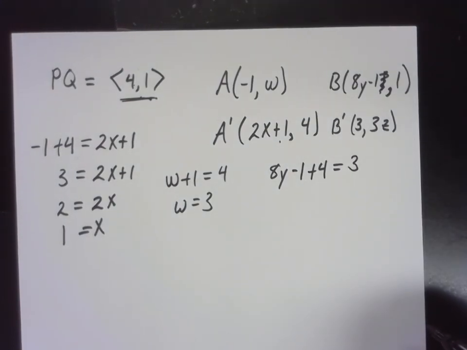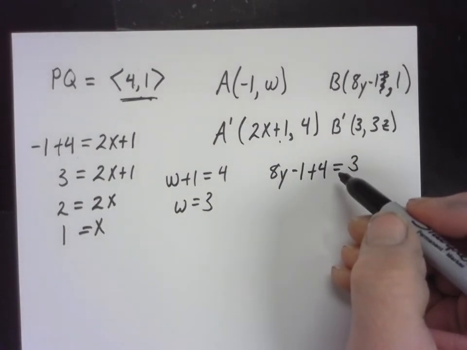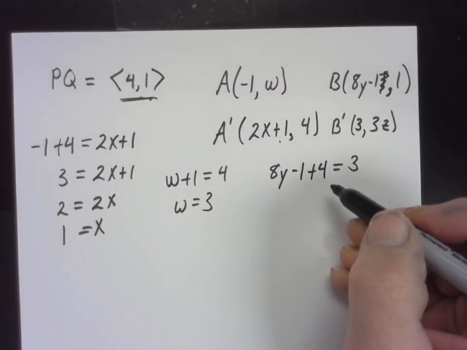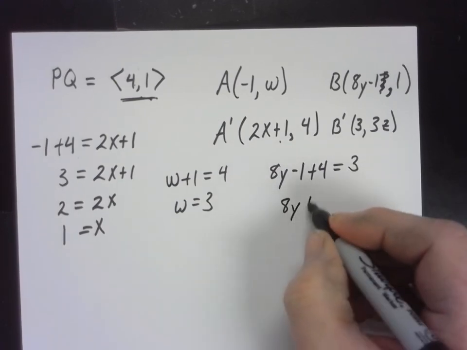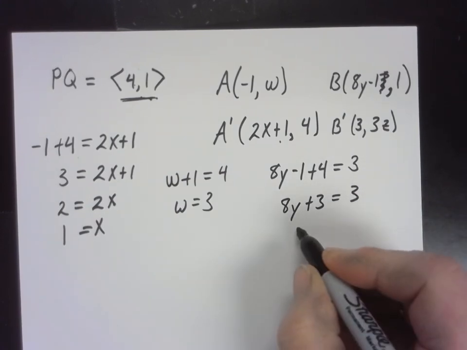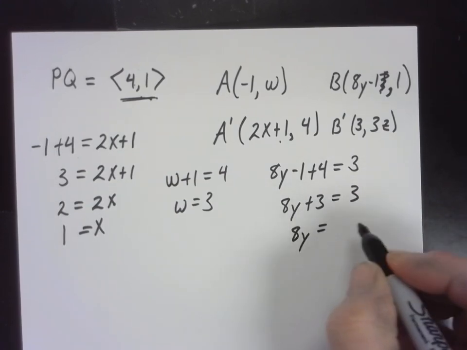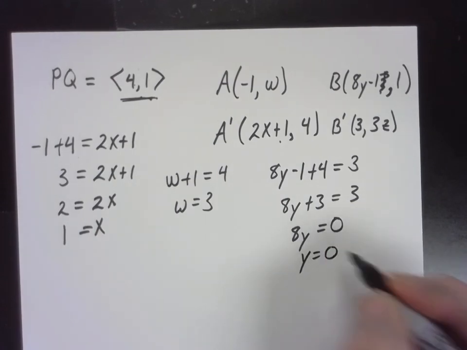Everybody following me? Raise your hand if you're following along with this. Raise your hand if you're not following along with this. All right, I'm going to trust you. All right, so 8y plus 3 equals 3. 8y equals 0. So y equals 0.